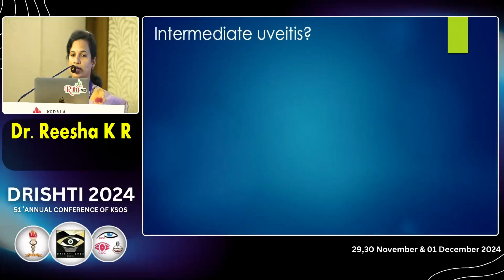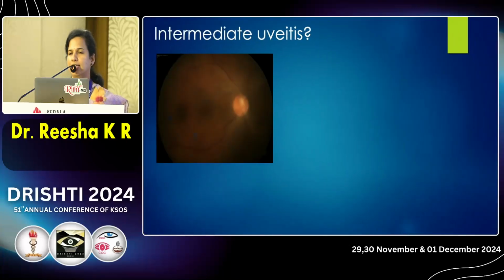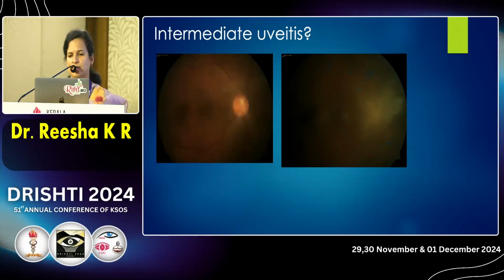Now coming to intermediate uveitis, this young engineering student, a healthy male, presented with an intermediate uveitis like picture. All initial evaluations were within normal limits, but on careful examination we could see some exudates floating in the periphery. Again asking questions, he gave a history of IV drug abuse.